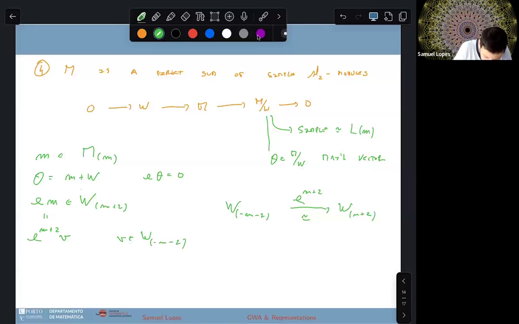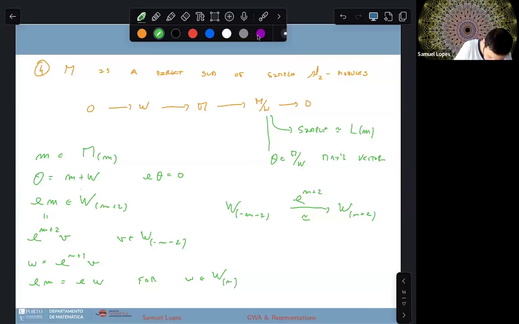Okay, well, now let me call W this vector here, E to the m plus 1 times V. Okay, the previous one. I don't act so much with E. So what I found out is that E times m is equal to E times w, for some w, which is necessarily in W_m.